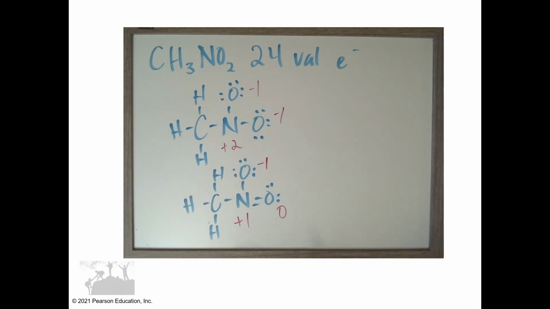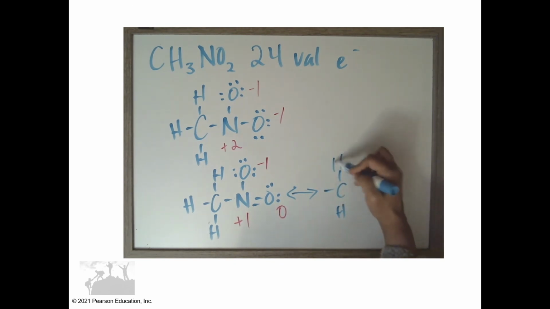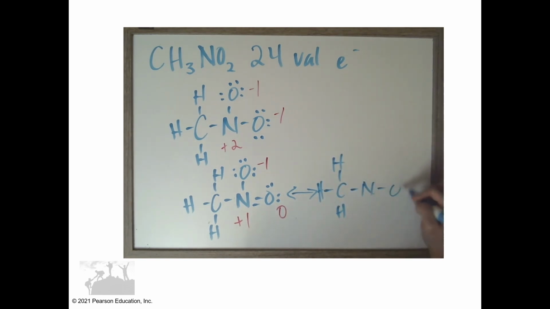Now let's draw the other resonance structure. So we're going to need our double-headed arrow. The CH3 portion is going to remain the same. Again, our connectivity is going to be the same. We're just going to move the electrons around. So the doubly bonded oxygen was over here.